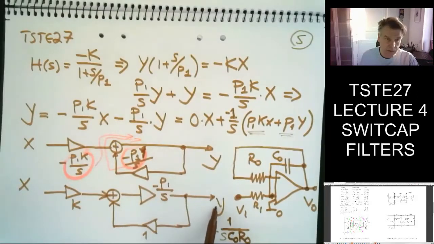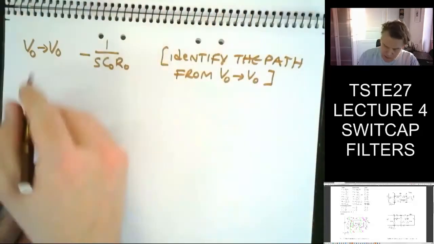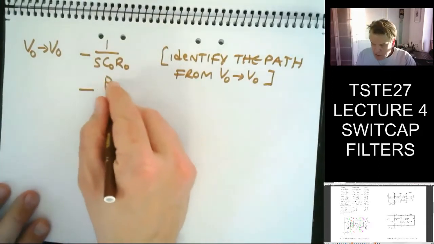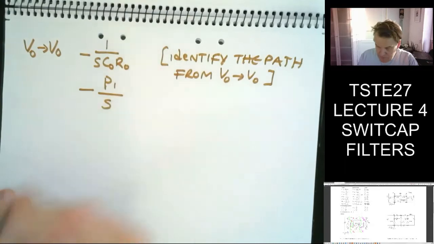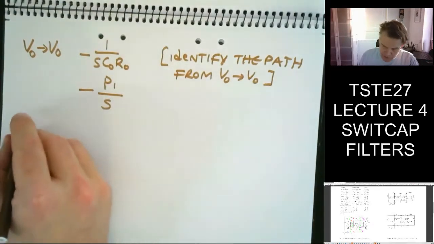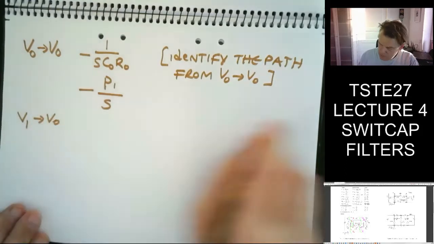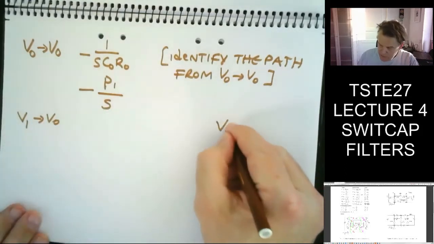So I would take the path from, in this case, Y to Y. So that's 1 times this stuff. So from the flow chart, I do have minus P1 over S. Okay, and then I have V1 to V0. Same thing, identify from V1 to V0.